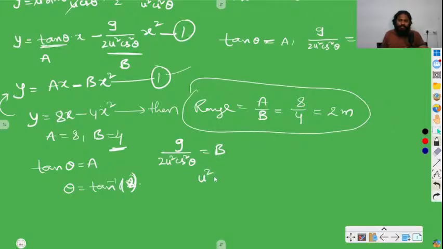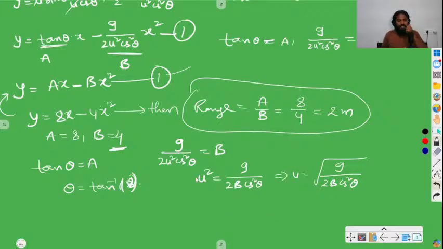Then u square is equal to g by 2b cos square theta, right? So this is the equation for u square. If you send this square to the other side, then it will be u is equal to root under g by 2b cos square theta, right?